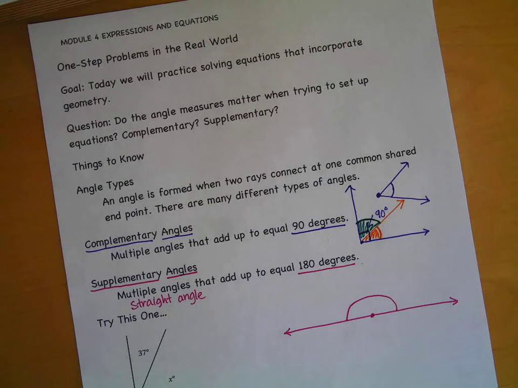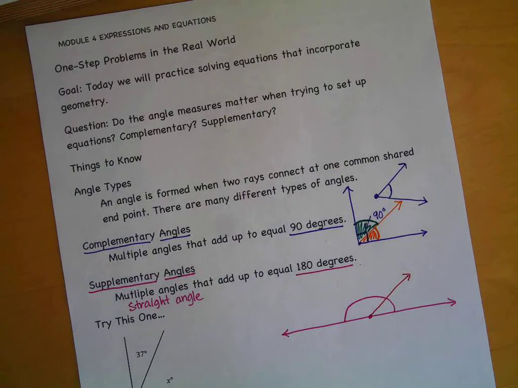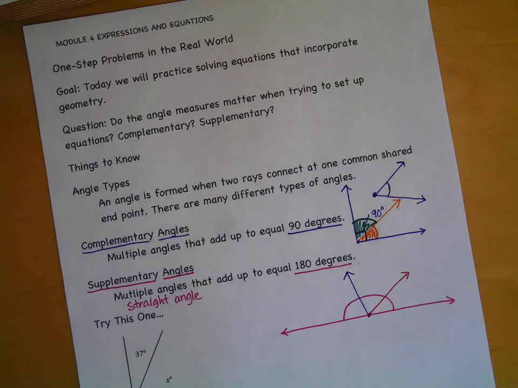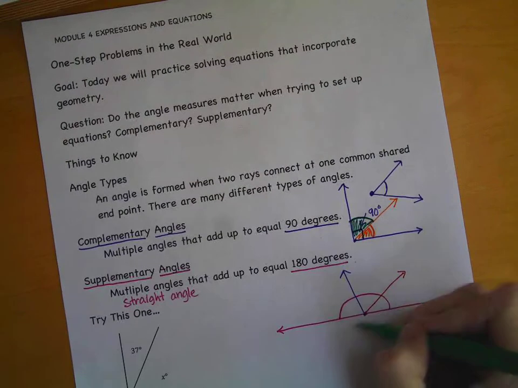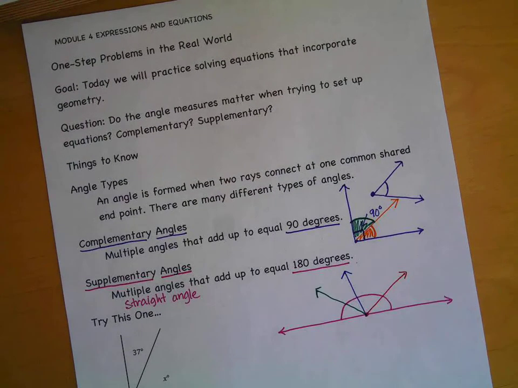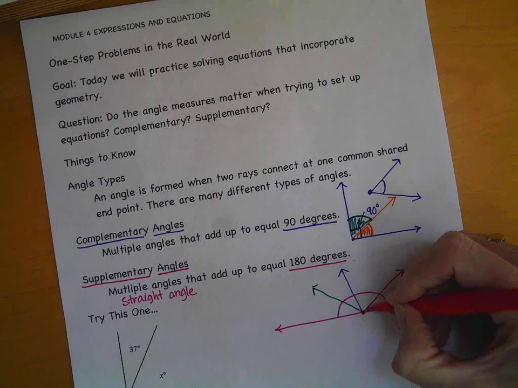So if I have a ray that attaches to the endpoint there, and let's say I have a ray that attaches here, okay, and then let's say that I have a ray that attaches there, then what you are seeing right now is 4 different angles that we add together.